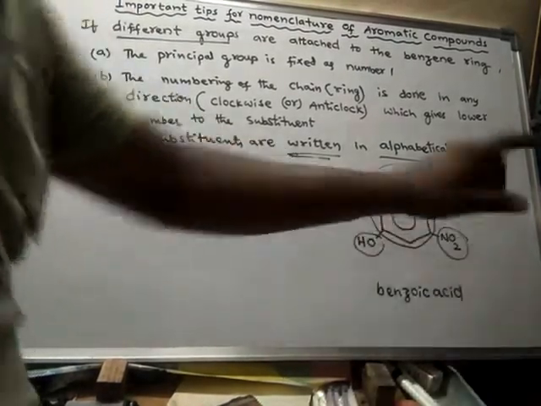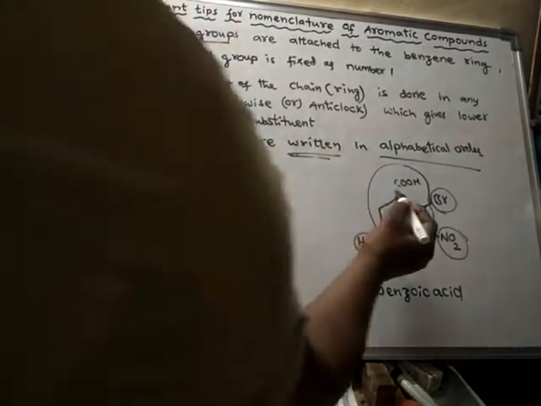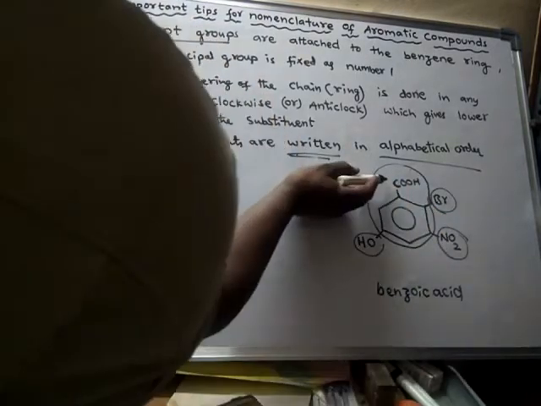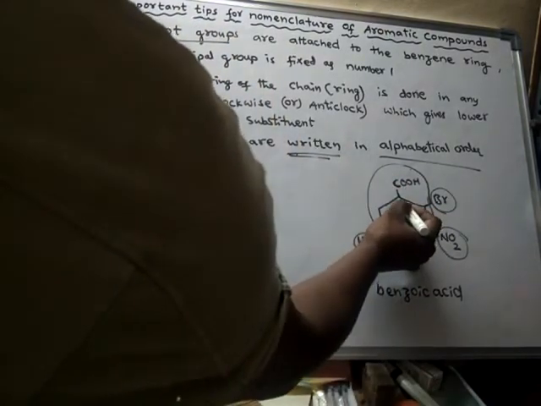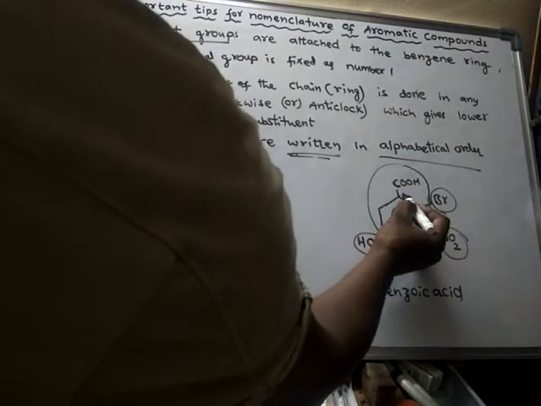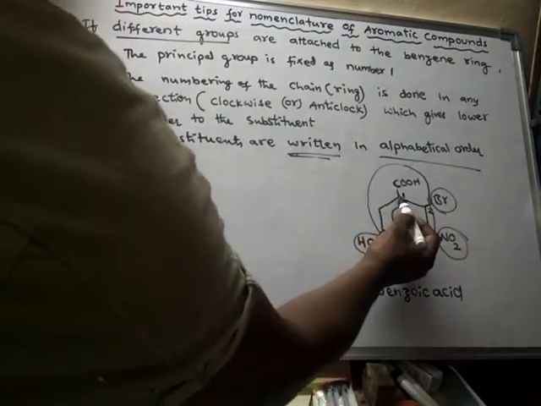Now these three are the substituents. So how to give numbering? First, the carbon to which the COOH group is attached, as it is the principal functional group, that carbon will get number 1. So this will be the first carbon, this will be the second carbon, because don't follow this order.